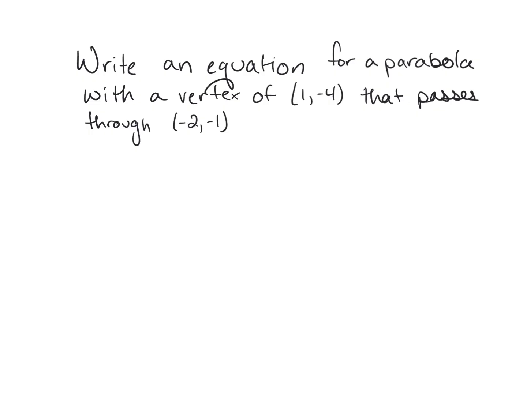So I'm going to start by writing out my vertex form, and I'm going to plug in my vertex. So I have f of x is equal to a times x minus 1 squared minus 4. So far, all I have done is plug my vertex, this right here, into the vertex form of my equation.